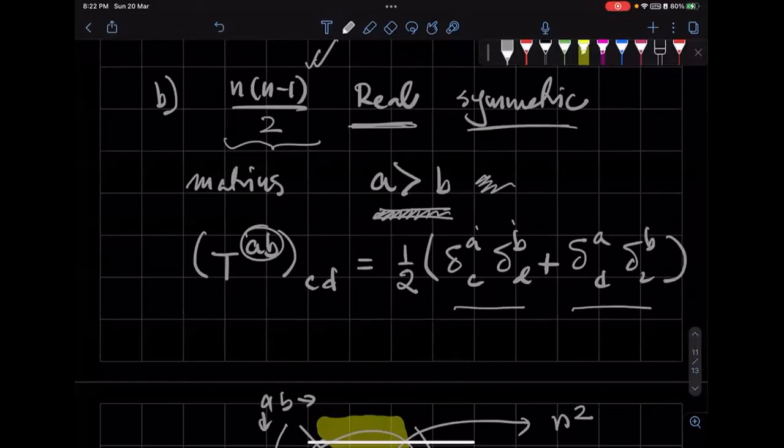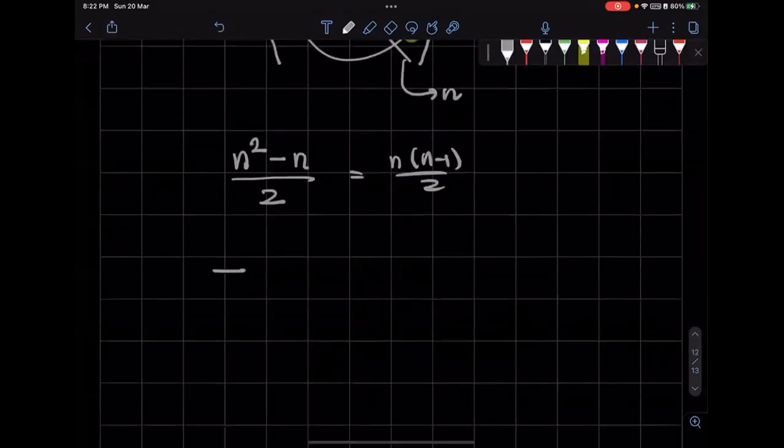And do you know how to take a trace of a matrix? If we have a matrix with element cd, then the trace of this matrix is we contract the Kronecker delta with the matrix, okay?